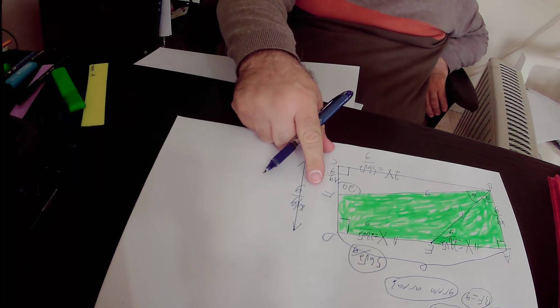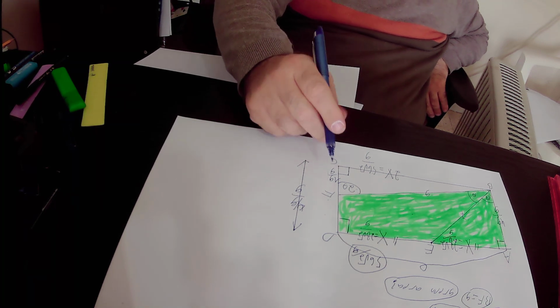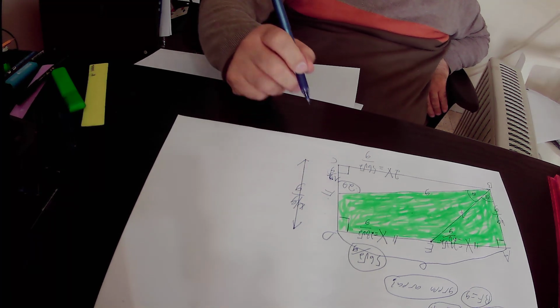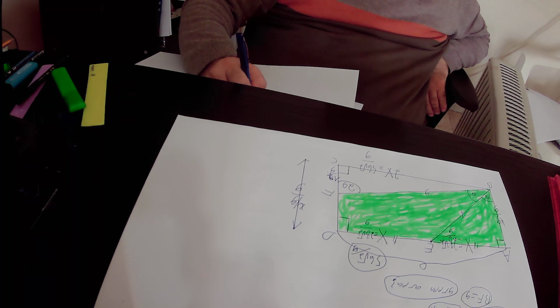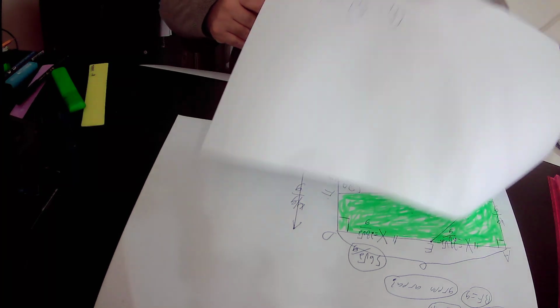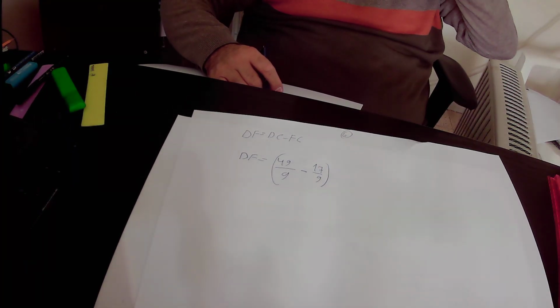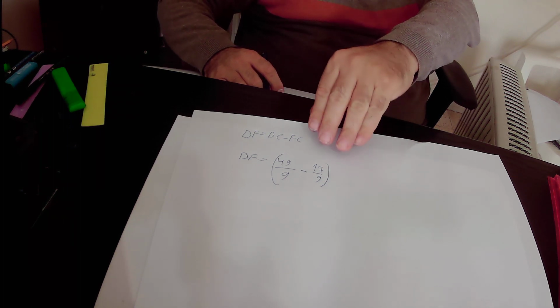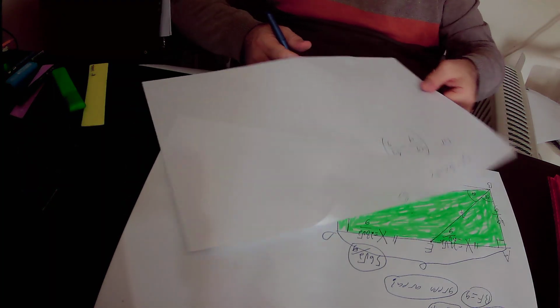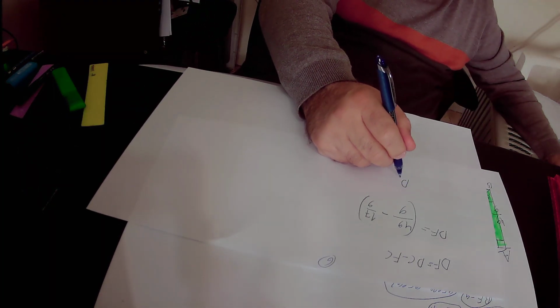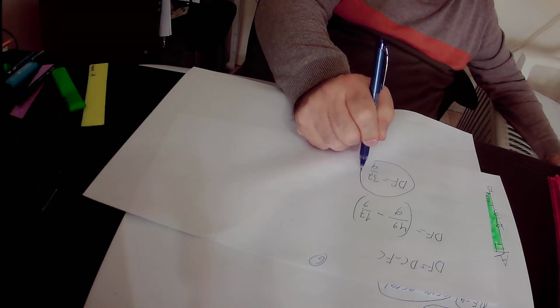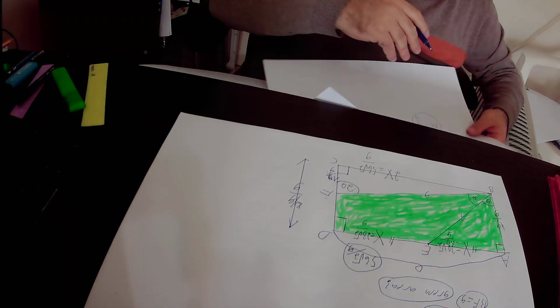We already found out that FC equals 17 over 9. So in conclusion, we found out that DF equals 49 over 9 minus 17 over 9. 49 minus 17 is 32, so I'll write it down. In conclusion, we found out that DF equals 32 over 9 units.